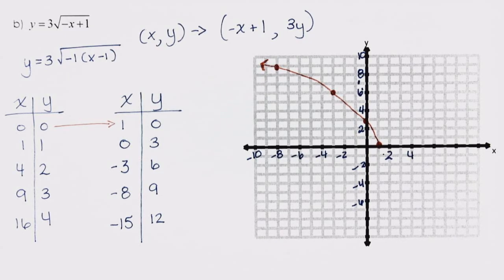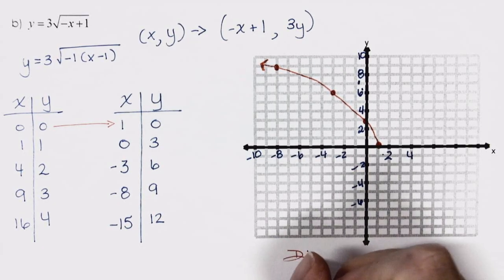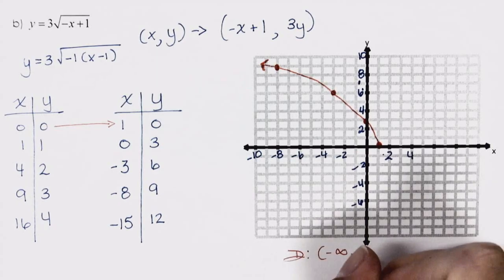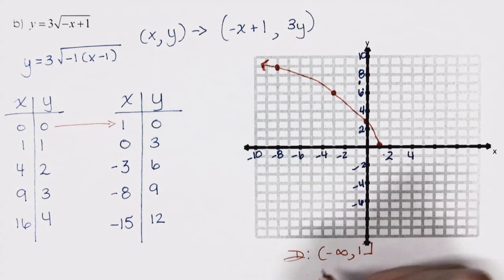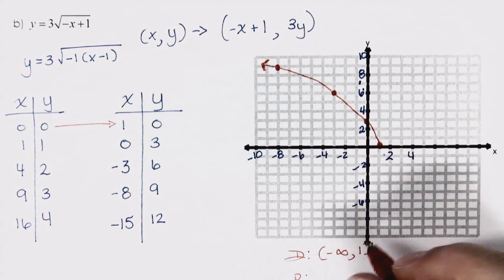It doesn't say to do the domain and range, but I'm on a roll, so. What's the domain of this one? Negative infinity to 1. And then the range?